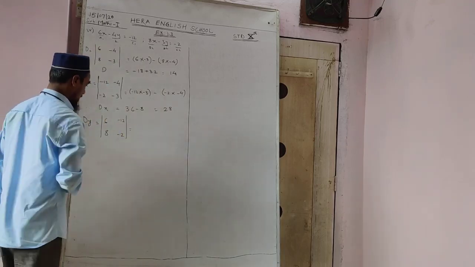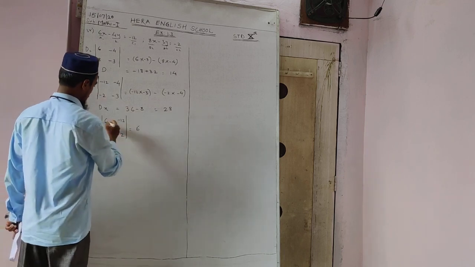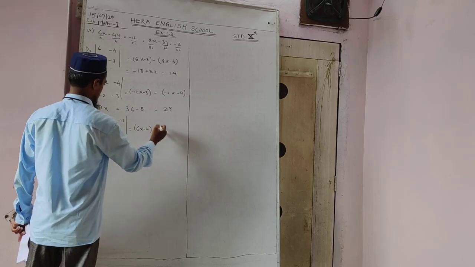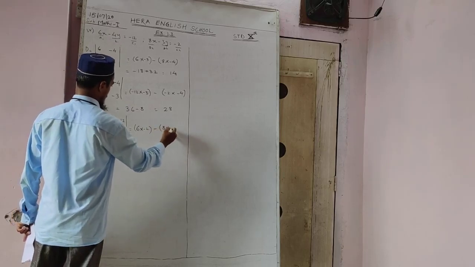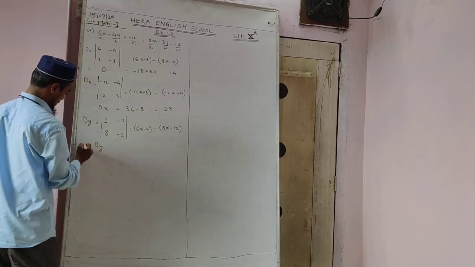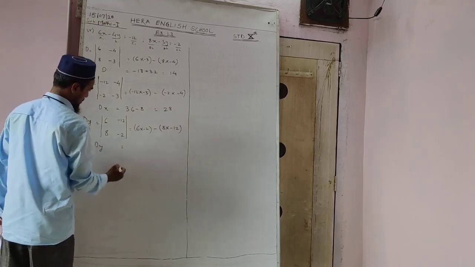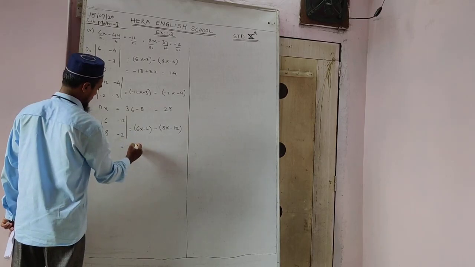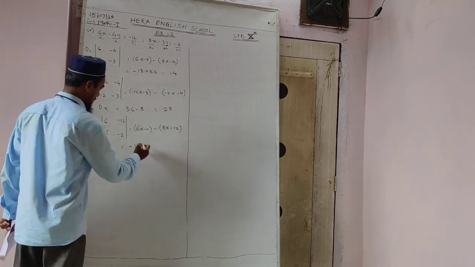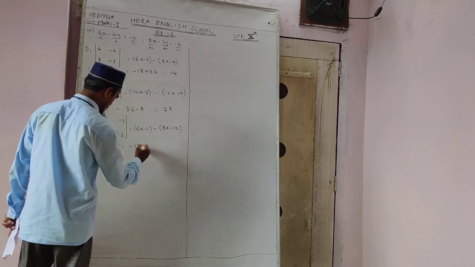Cross multiplication: 6 into minus 2 minus 8 into minus 12. 6 times 2 is 12 with minus sign, and 8 times 12 is 96, minus minus plus.